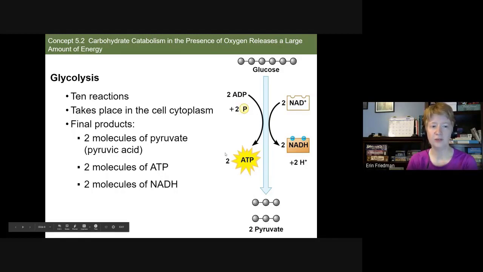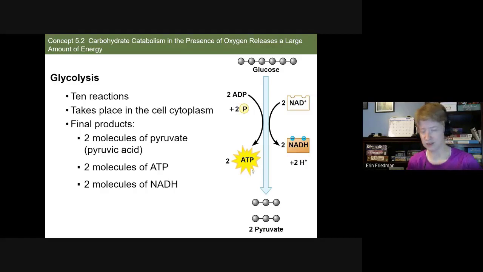We're going to ultimately produce 2 molecules of ATP. As you'll see in a second, this is a multi-step process where we're going to spend some and then make some extra. So the net result we get out of that reaction is 2 ATPs. And then we're going to create 2 reduced forms of NAD. So we're going to get 2 NADH molecules out of this process.